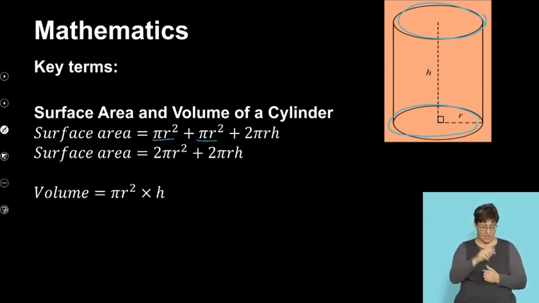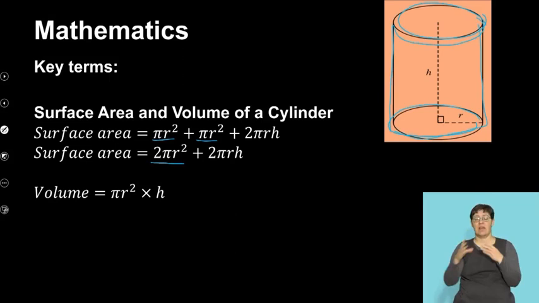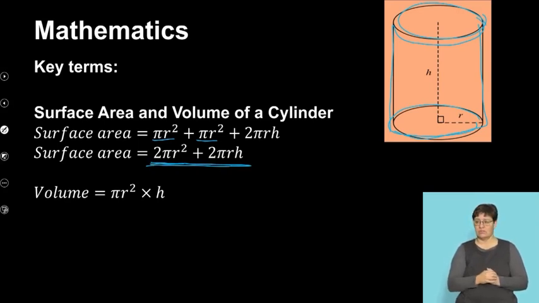So the area of the two circles will give me 2 pi r squared. Then we're going to take the area of the rectangle that wraps around the cylinder, and that area is 2 pi r times h. So just a reminder that that is the surface area of a cylinder.